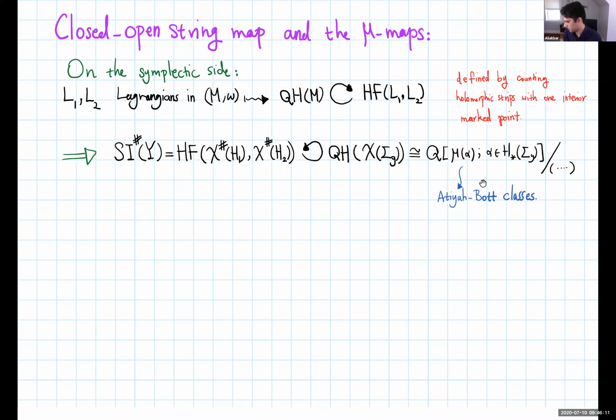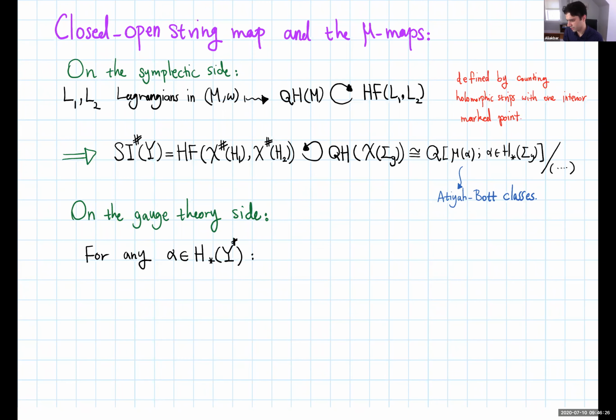I don't think these were originally defined by Atiyah, but probably go back to Mumford, but I think they're also called Atiyah classes.